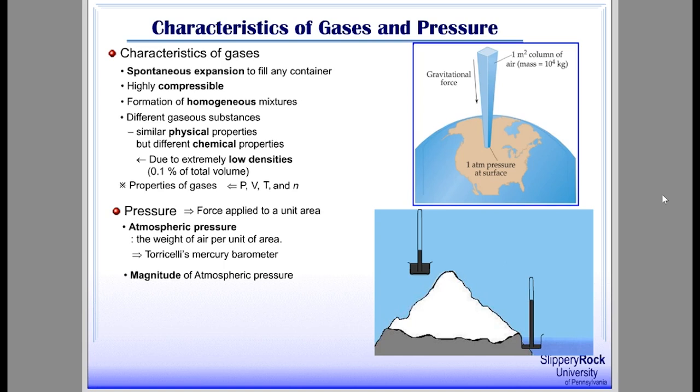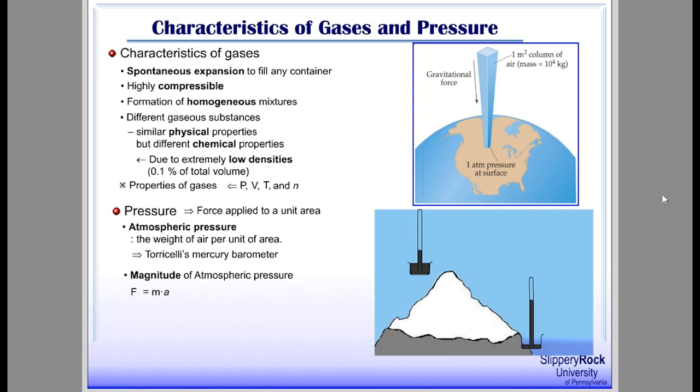Let's calculate the magnitude of pressure exerted by a column of air with cross-sectional area of 1 meter squared that is extended through the entire atmosphere. The mass of the air column is approximately 10,000 kilograms. We learned in high school physics that force is mass times acceleration.